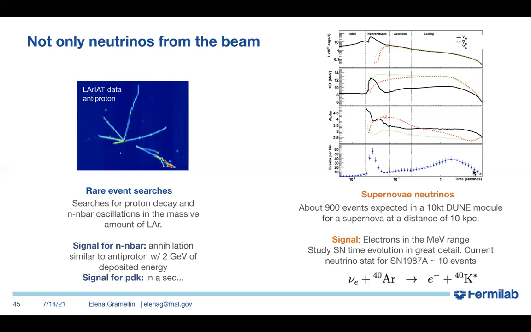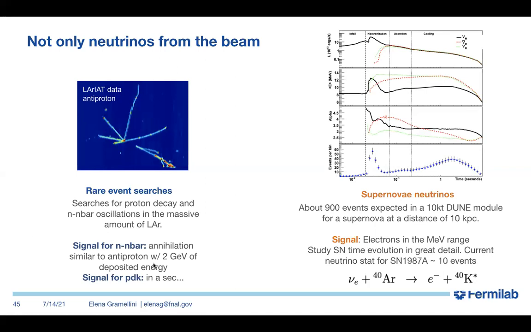And all the information and all the studies that came from supernova 87 were done with on the order of 10 events. So again, it would be very exciting to have a new detector with a different technology. They were done by Super-K, by the way, and another detector that is slipping my mind right now. So if Dune is online when the next supernova event happens, it's going to be really cool.